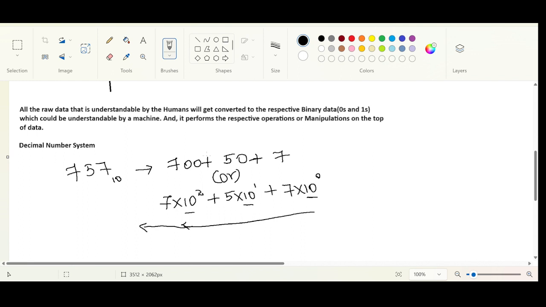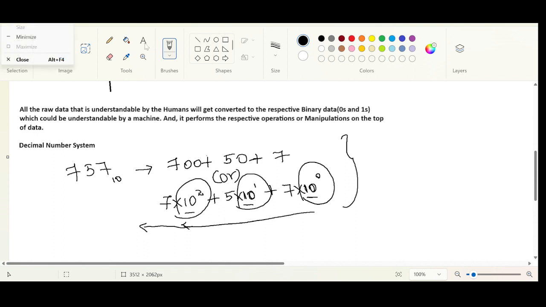When you take a decimal number, each digit is weighted significantly by 10 to the power of something, starting from 10 to the power of 0. All numbers can be rewritten with the help of 10 to the power of something. That's why the base of the decimal number system is always 10.